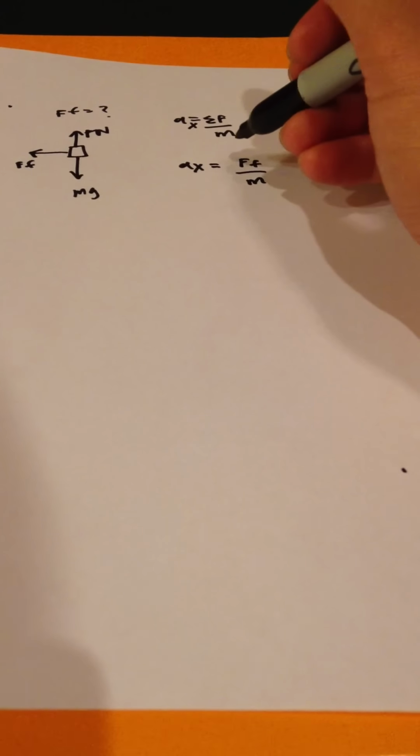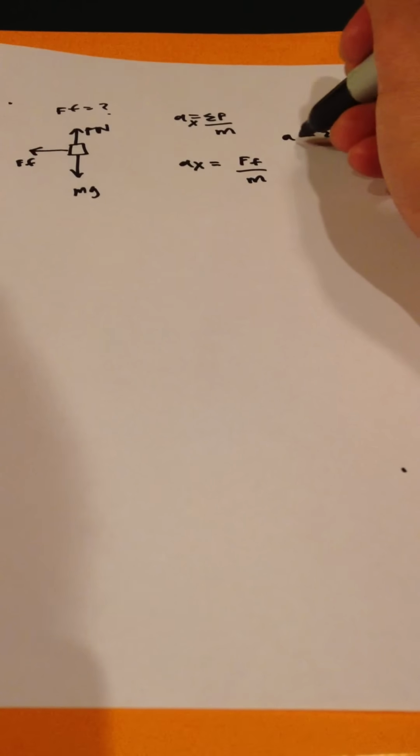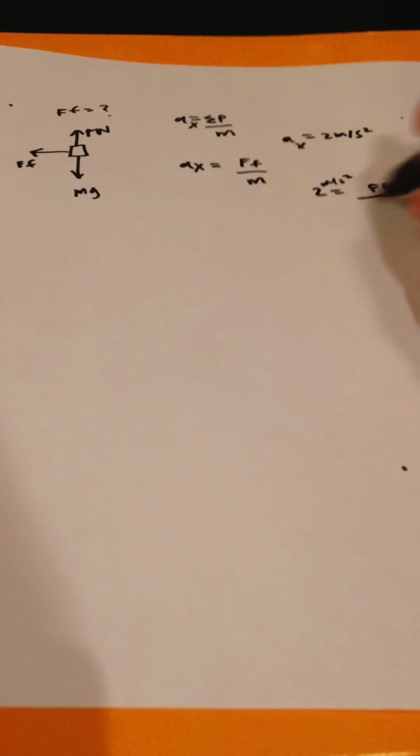In the x direction, we have ax equals force of friction divided by mass. If we plug in what we have, we're given that acceleration is equal to 2 meters per second squared in the x direction, so 2 meters per second squared equals the force of friction, which is what we're solving for, divided by 300 kilograms.